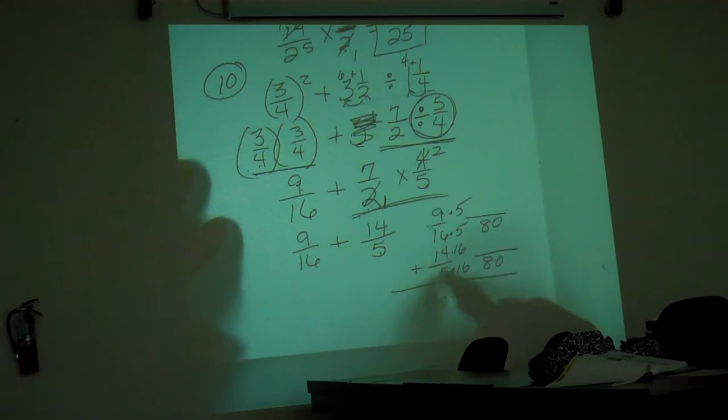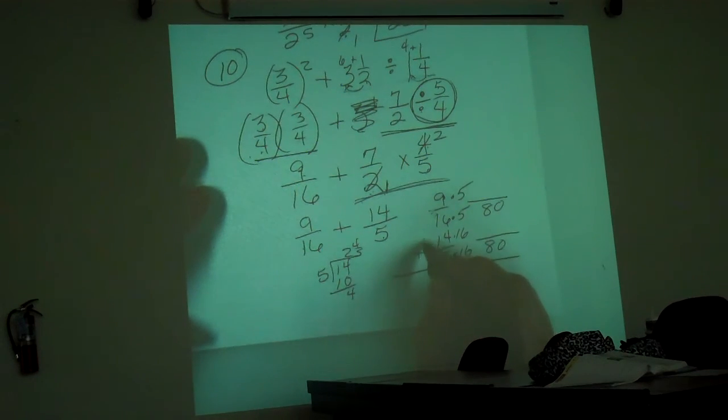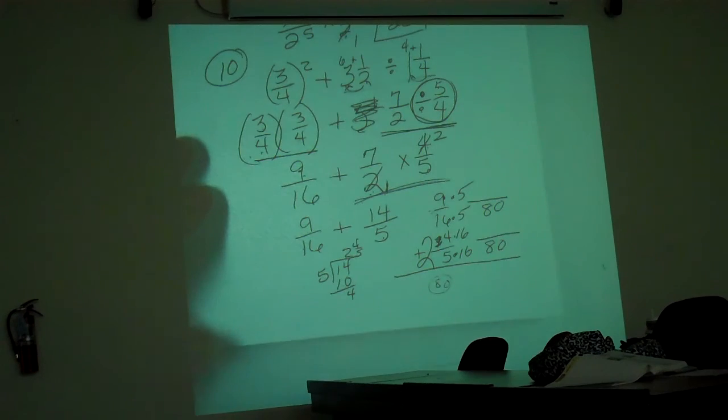Okay. This might have actually been easier if we changed this into a mixed number. It would have, right? Let's change this to a mixed number real quick. 14/5 goes 2 times and 4/5. So let's put this as 2 and 4/5.